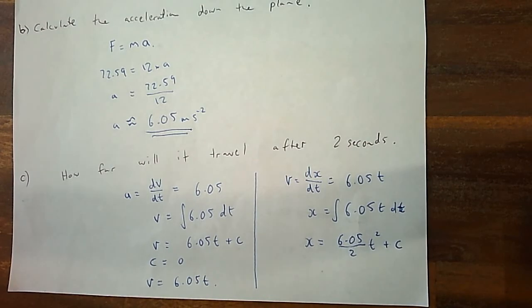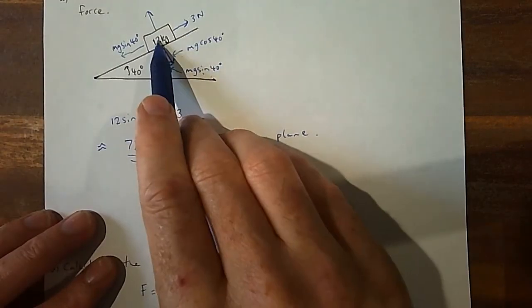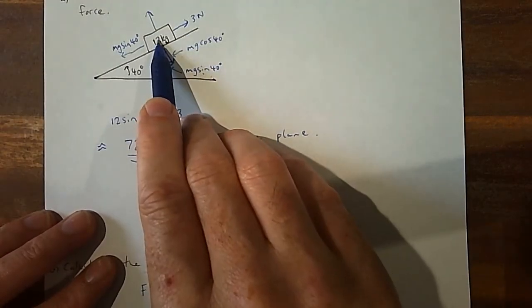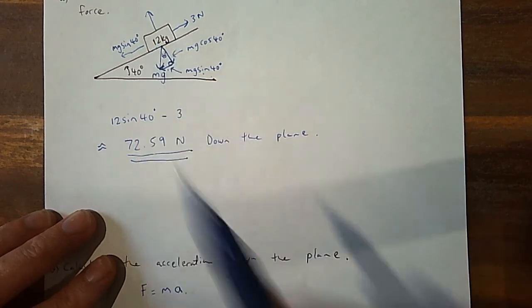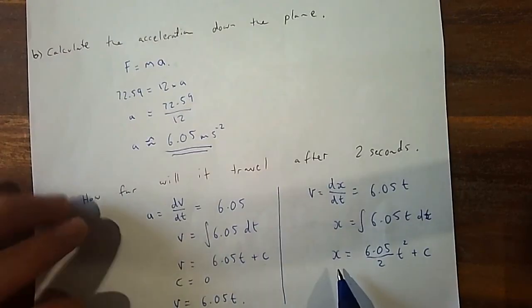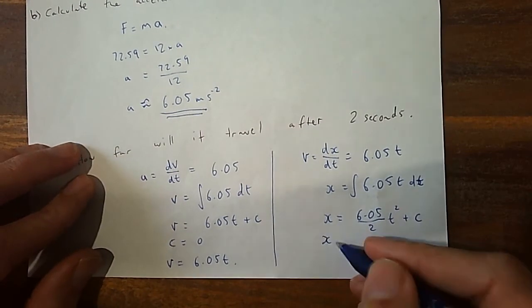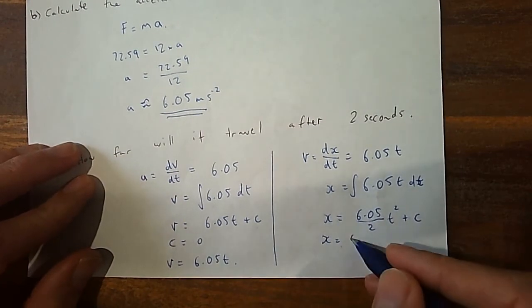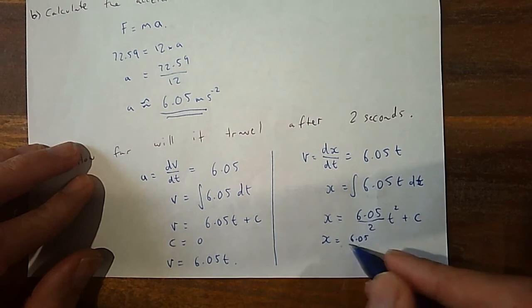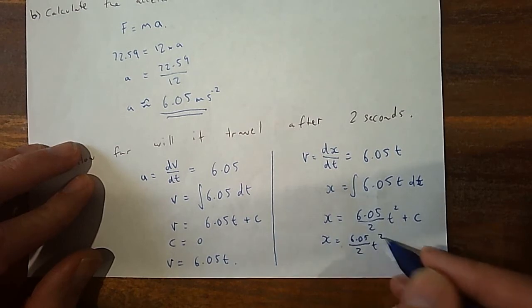Again, to work out our c value, we need to look at the displacement at time 0. Let's make the initial position of this block 0. So at time 0 the displacement is 0, therefore c will equal 0. So our displacement equation is x equals 6.05 divided by 2 t squared.